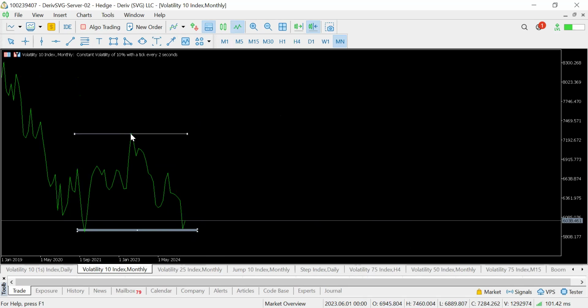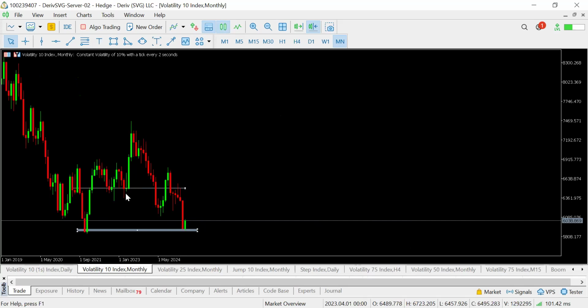In other words, it formed a high but came back down, and then took out the initial higher low to form a lower low. Now it had formed a lower high and then a lower low. However, this lower low is now forming a double bottom.